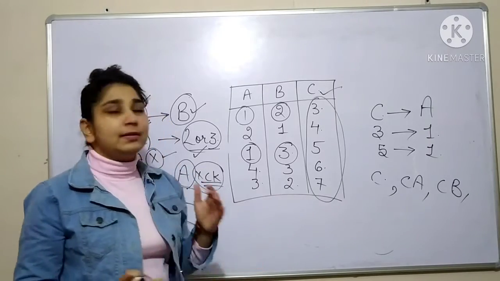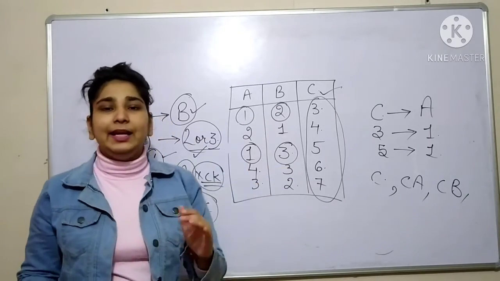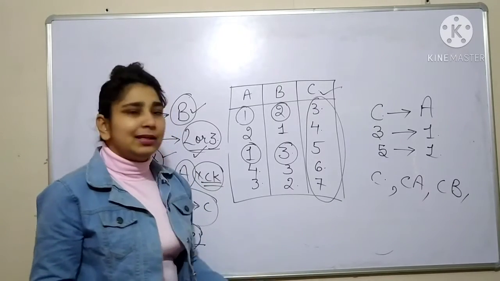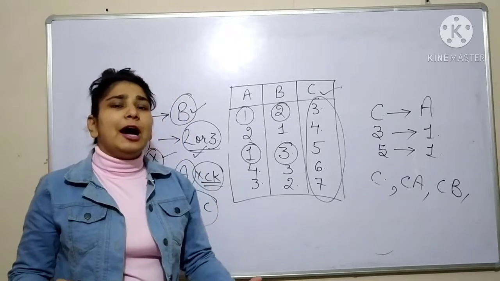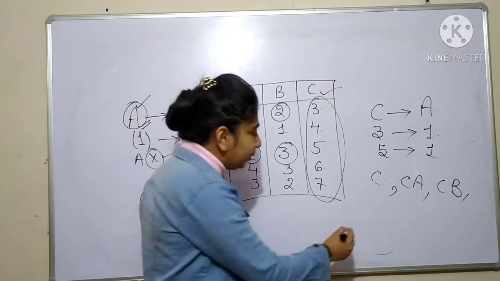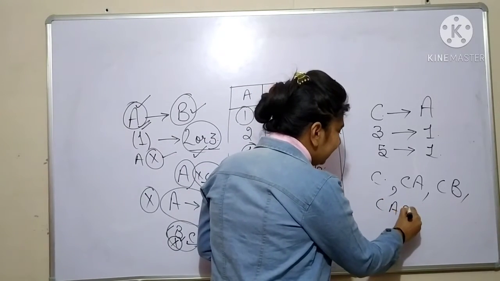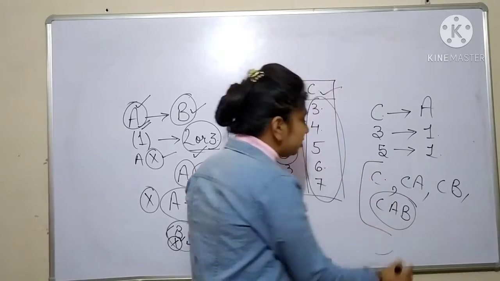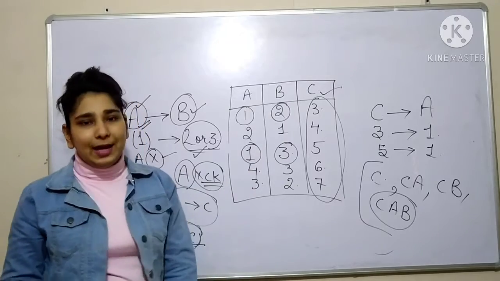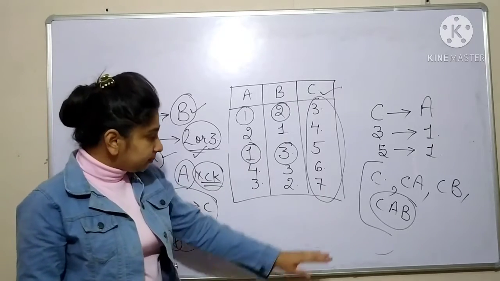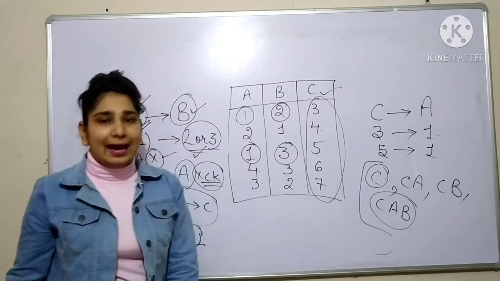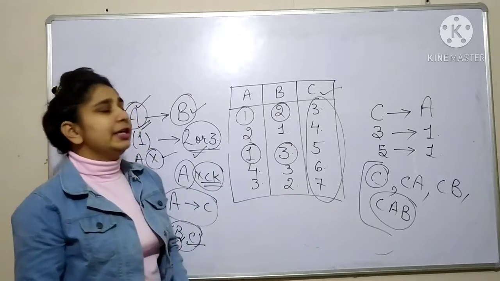The candidate key alone is enough to uniquely identify each and every tuple of the relation, but in super keys we add additional information to the candidate key. So these 4 super keys are possible in this relation, and C is going to be your candidate key.